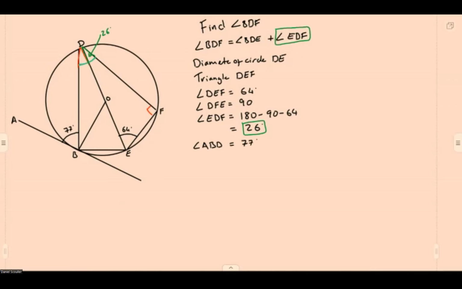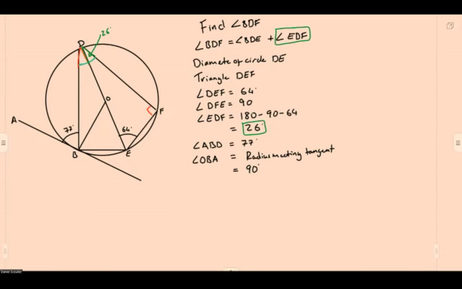I know that angle OBA is where a radius meets a tangent, which means it's 90 degrees. So I've got a 90-degree angle OBA, and I've got part of that, which is 77 degrees, ABD.